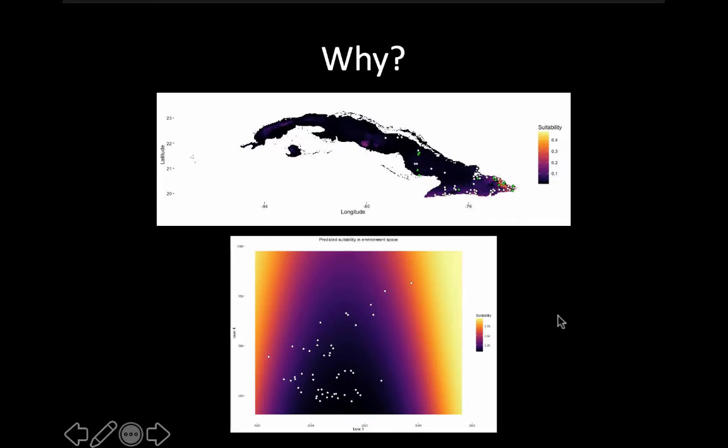So your model may do a poor job of explaining how your species works in a bunch of sets of environmental conditions, as long as the ones it does well in are really common in the evaluation region. So that's one reason to consider including model evaluation in environment space.